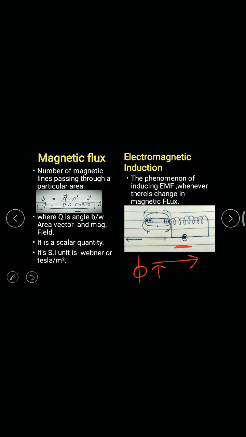Due to this change in magnetic flux, the electromotive force is induced, and this phenomenon is known as electromagnetic induction. Now, what if the bar magnet is not moving? If the bar magnet does not move, the galvanometer will not show any deflection, and hence the electromotive force will not be induced.